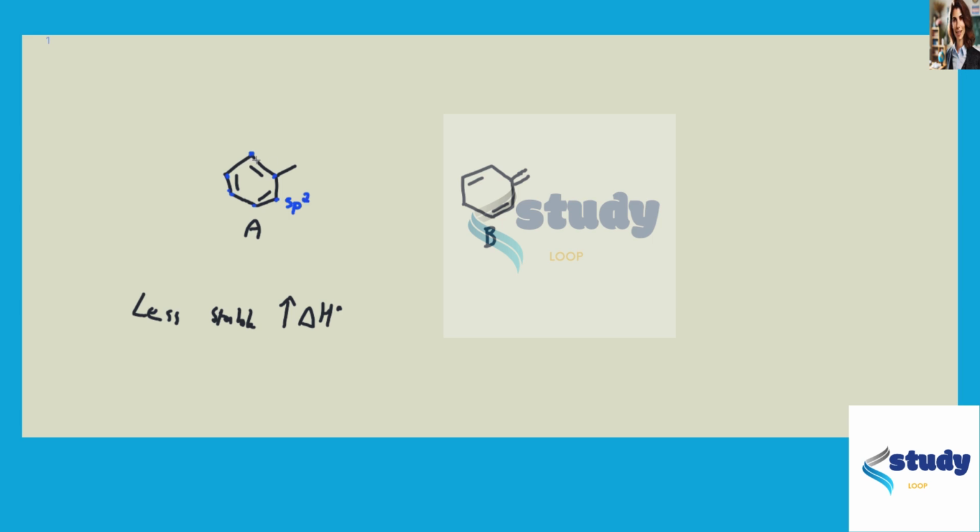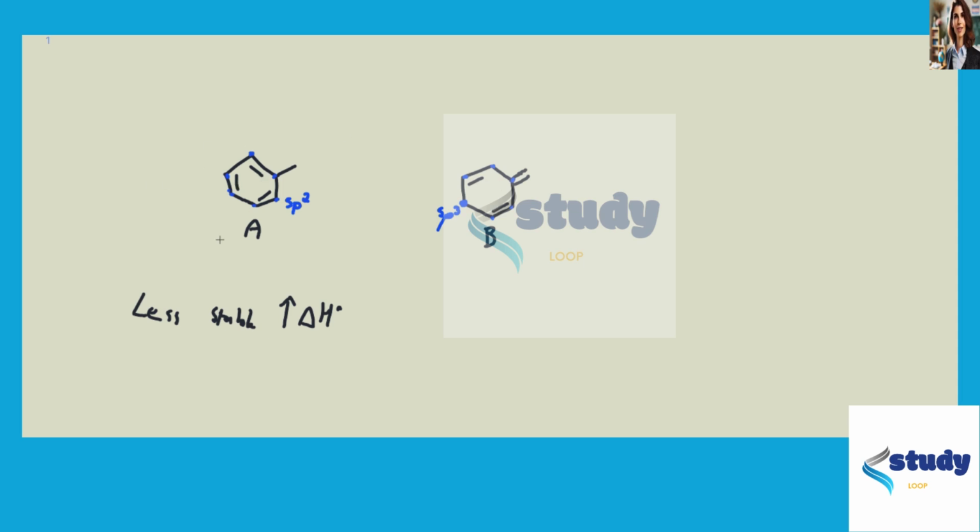So now we see that we have 6 conjugated carbons here. Well, what about this molecule? We have only 5 carbons now that are involved in formation of double bonds. This carbon here is an sp3 carbon. So we actually have 2 double bonds in this cyclical structure, while here we have 3 double bonds.